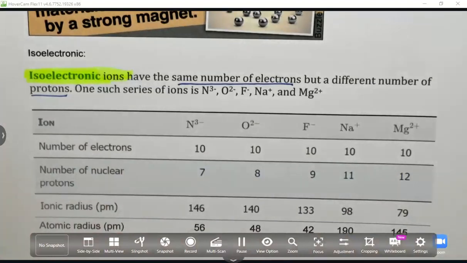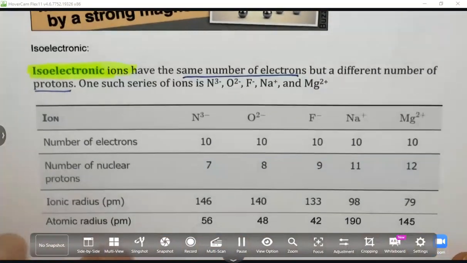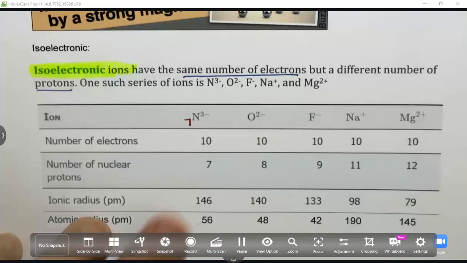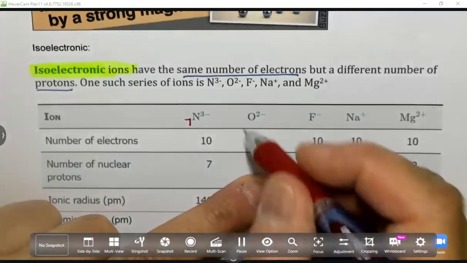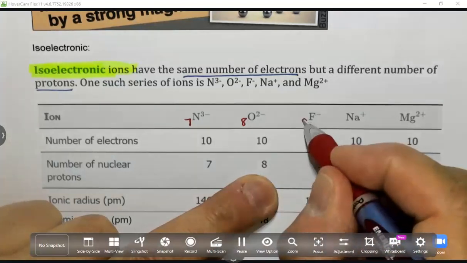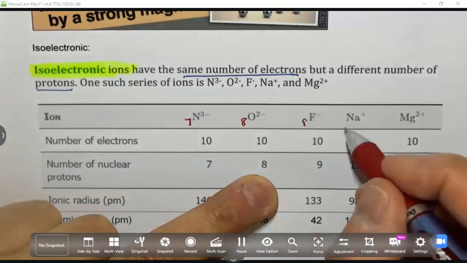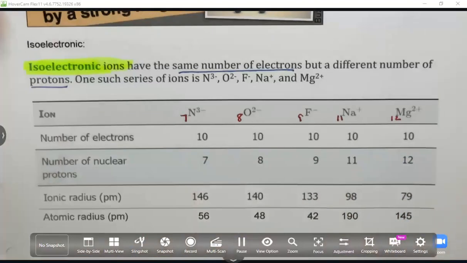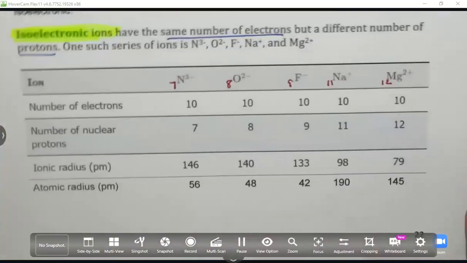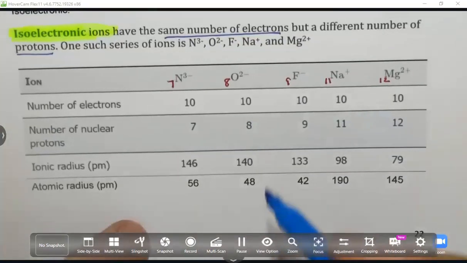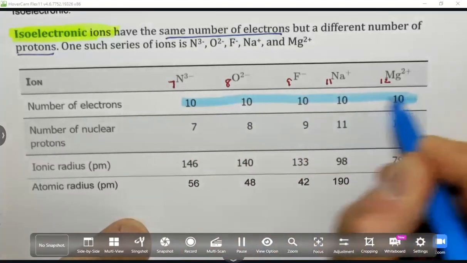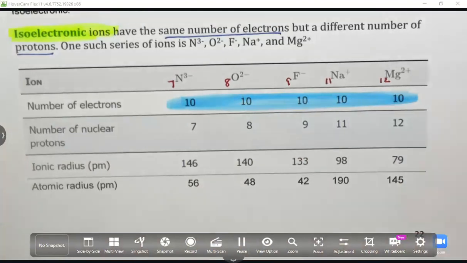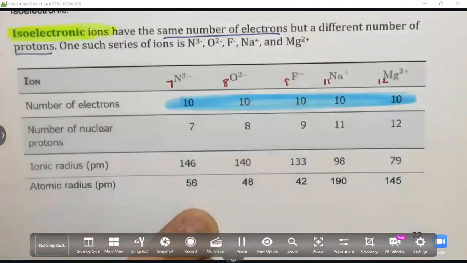So how many protons do we have for these? 7. Right here. 8. 9. 11. And 12. Protons. Notice same number of electrons.